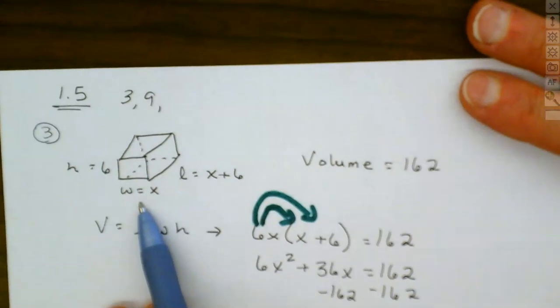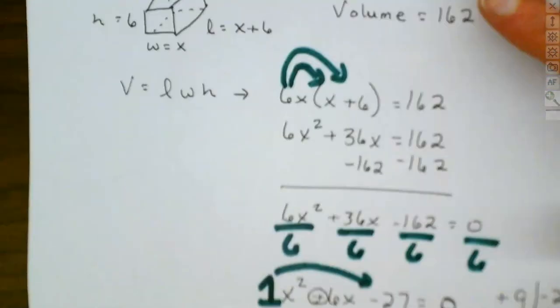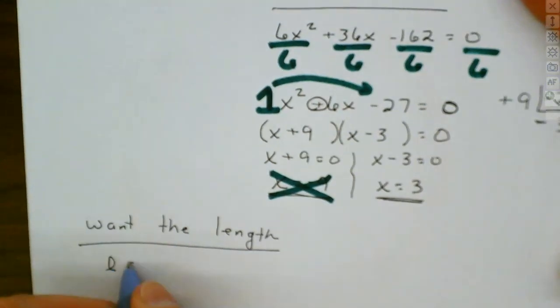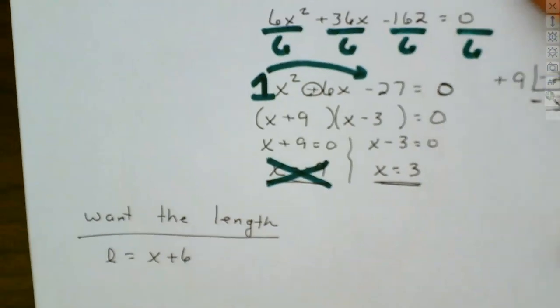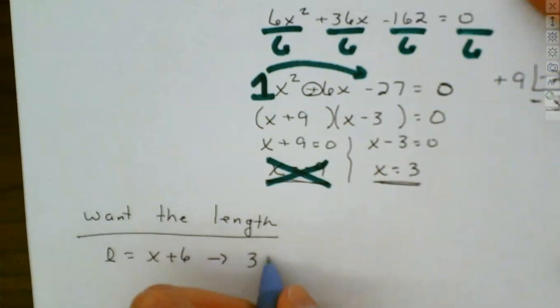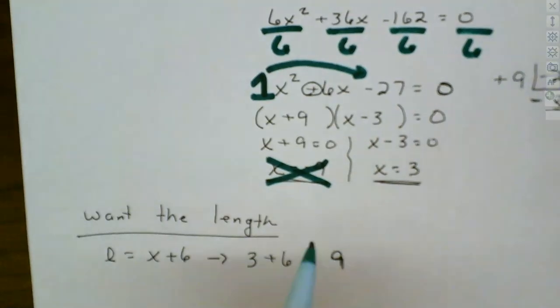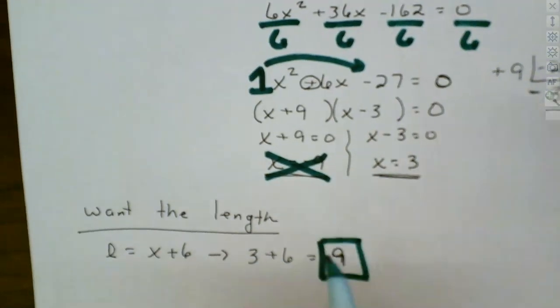We want the length. So the length is your L, and that's x plus 6 here. And what do we know that the x is? X is 3. So that's 3 plus 6. That makes it then a 9. Now, there's no units, but 9 would be the answer there.